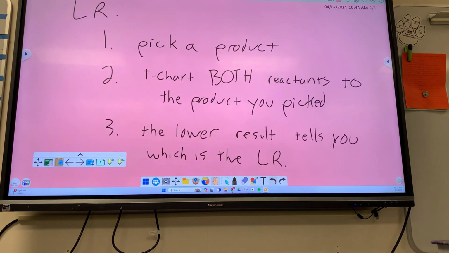Balance the equation, yes. Balancing the equation is like a step 0. So get this balanced.